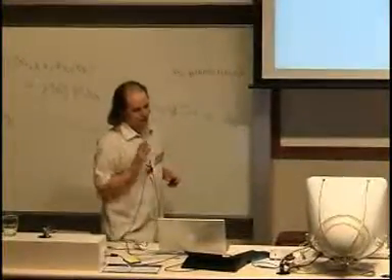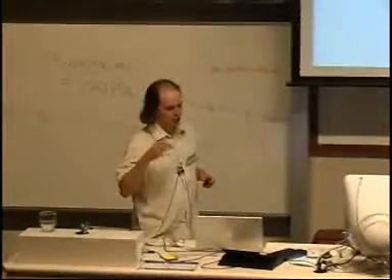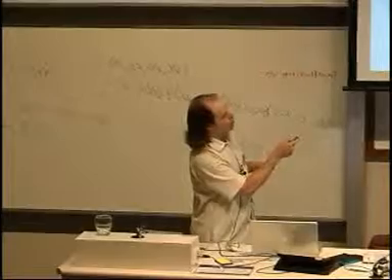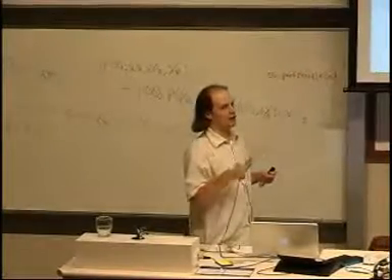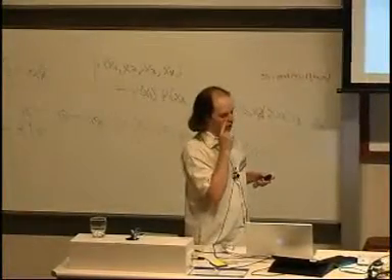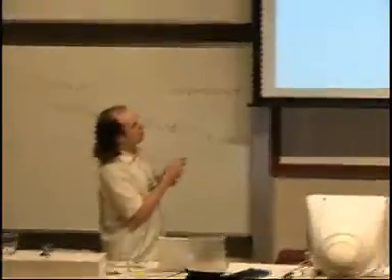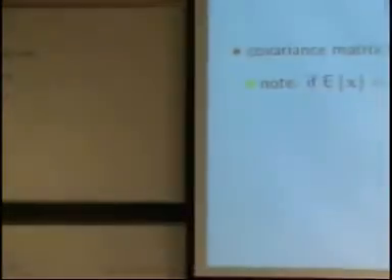What is not mentioned here is the definition of the correlation coefficient, which is the covariance divided by the standard deviations of these variables. So the correlation coefficient is a renormalized version of covariance.